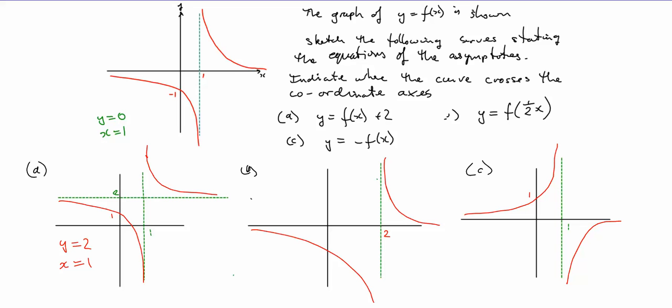The second one, we still have the x-axis remaining, so it's y equals 0, and x equals 2 is the other asymptote, and in the third one, the asymptotes are the same as the original graph, and so that's x equals 1, y equals 0. Now, very important not to forget in this case the x-axis as an asymptote, and to state it even though it doesn't appear there because it is one of the axes, but there would be a mark in the exam for stating it, so be careful.